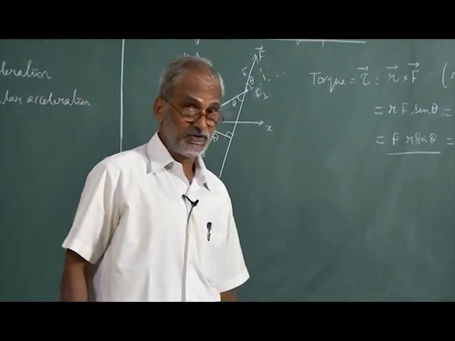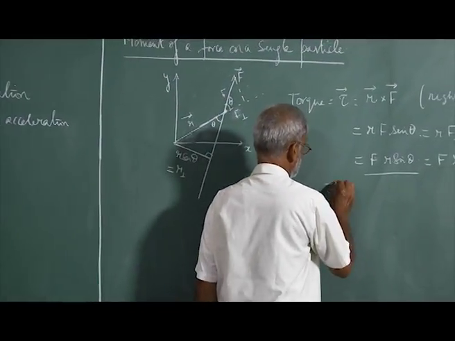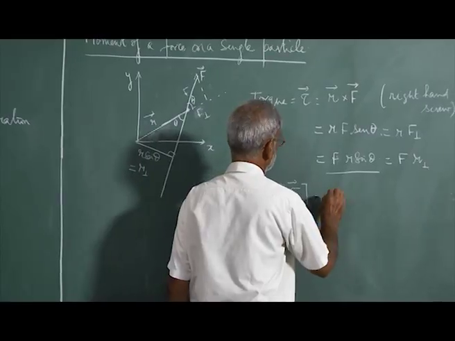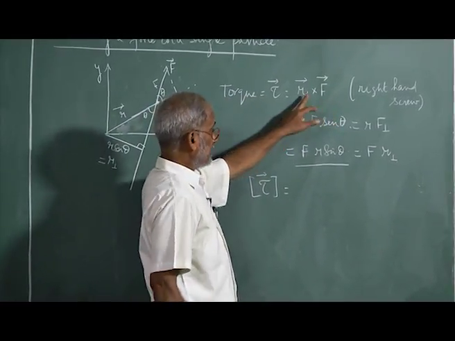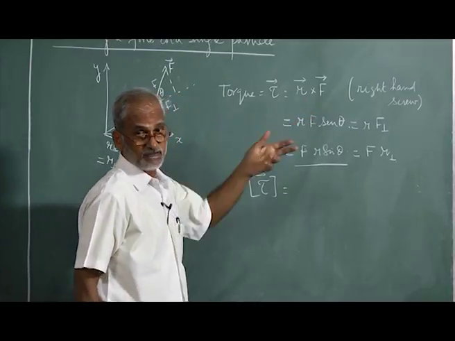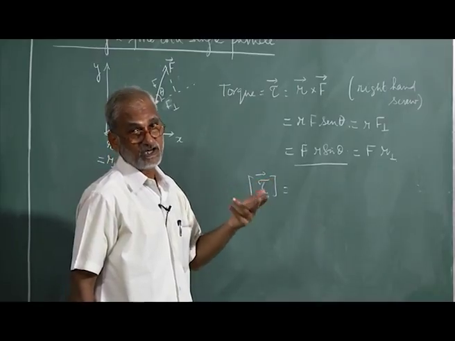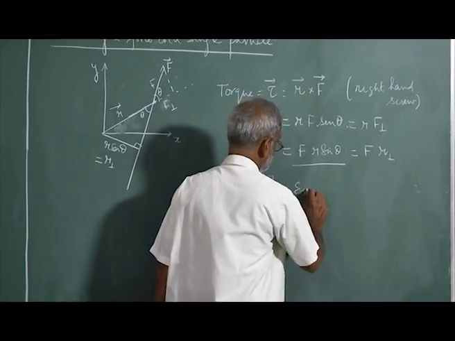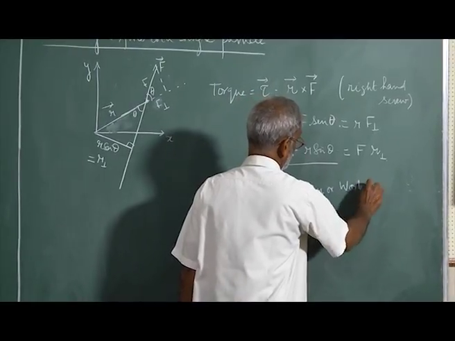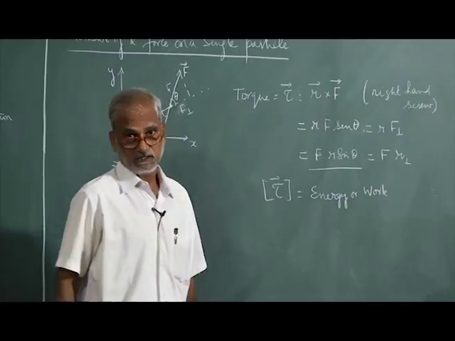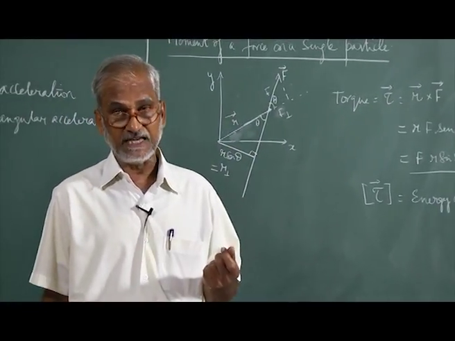Now, what about the dimensions of torque? Force, we know the dimensions, and r is the distance, therefore force into distance has the dimensions of energy or work. Now, work done is a scalar quantity.